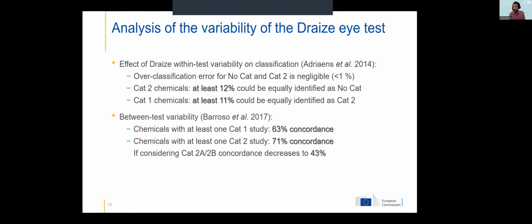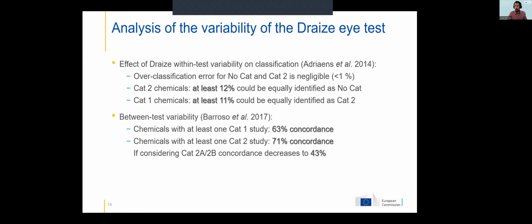That analysis we did in 2017 when we published the DRD, and we could observe that chemicals with at least one category 1 study show only 63% concordance, while for category 2 there was 71% concordance. And if we would consider 2A and 2B the concordance decreases to 43%.